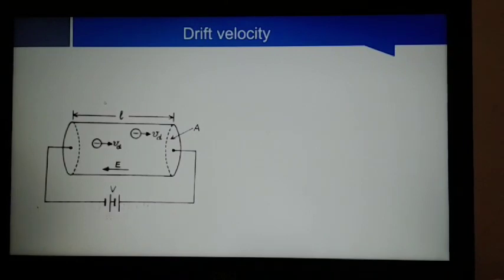When you consider an electron, which has a negative charge, this electron will experience an electric force. Due to that force, these electrons move with a velocity Vd. Remember that term Vd; I will explain what Vd is. Anyhow, the electrons are moving, in a direction opposite to the electric field.